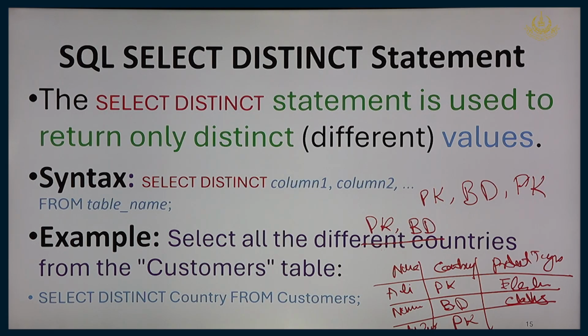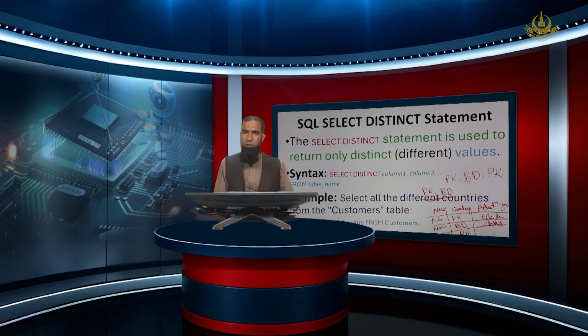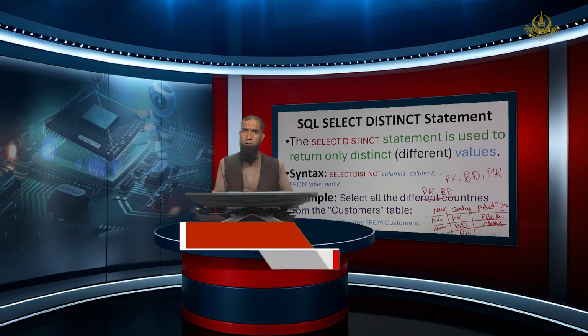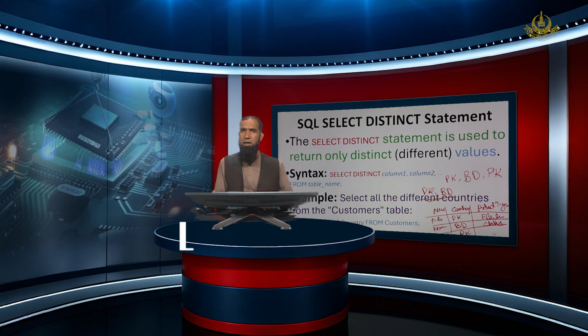SQL distinct can be used in those cases where we want only unique values. You can also use distinct on multiple columns. We can use distinct with name and country also. This will give you unique combinations of country and names. So distinct is very useful when you are summarizing or analyzing data to avoid repetition.